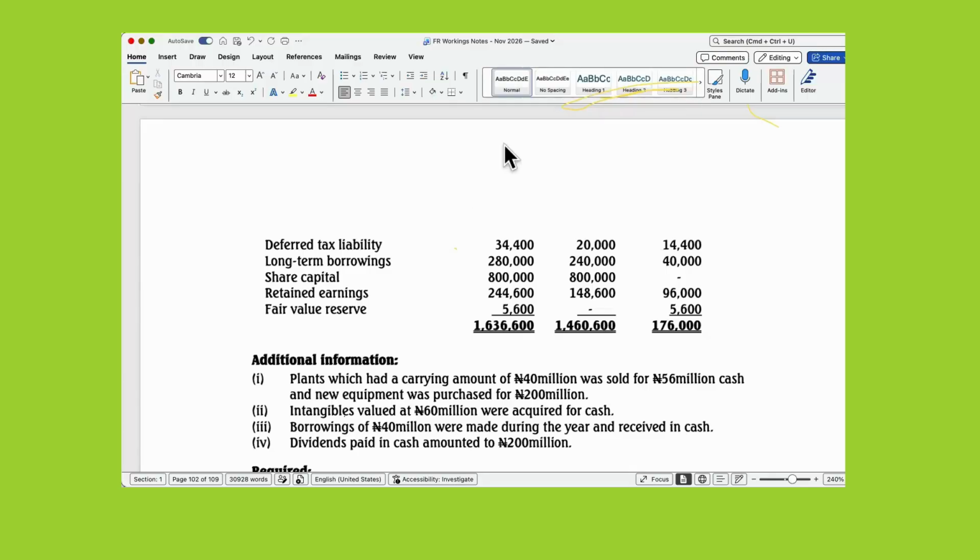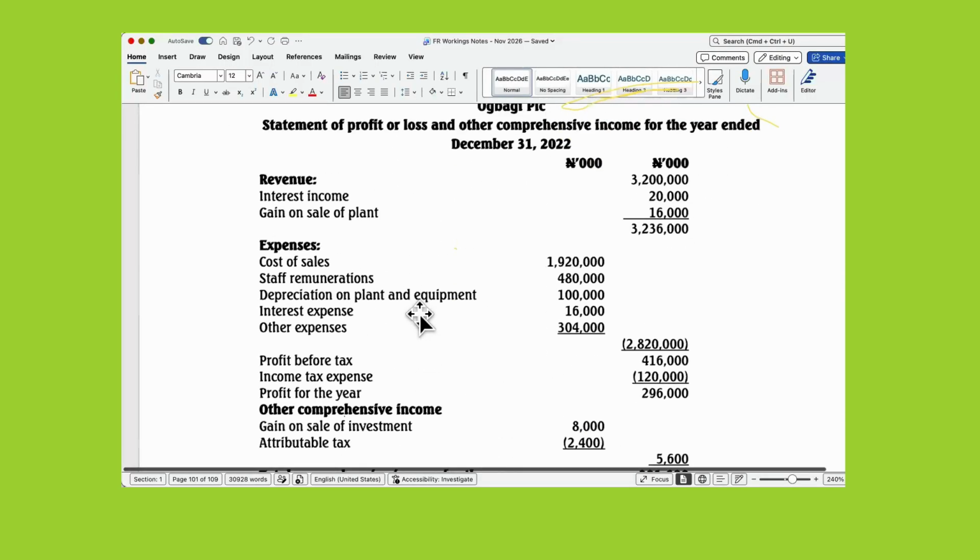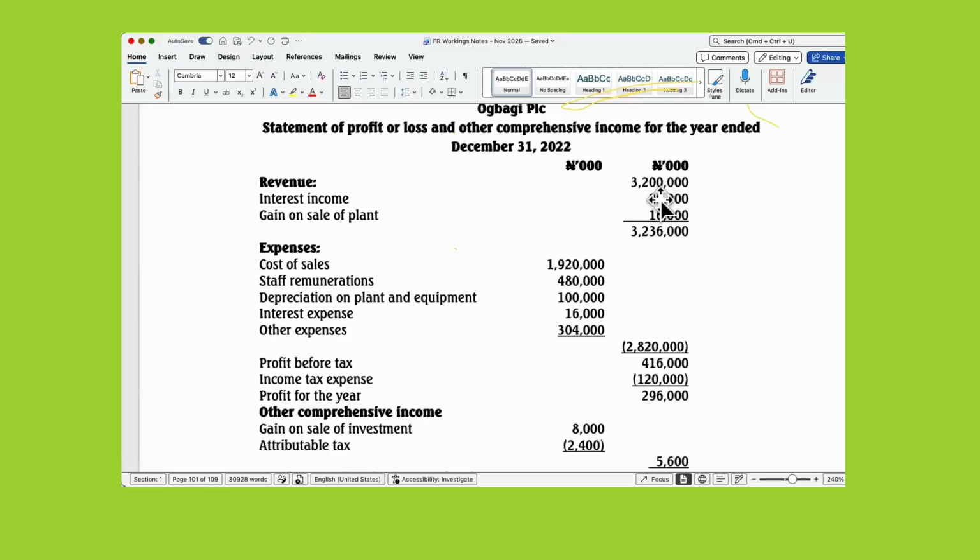Okay, so Ifeoluwa says she's struggling with interest received. Just like I explained to you earlier on, the interest income was 20,000. This interest income includes the one you have received and the one that you have not received. I really need the one that you actually received for this year.